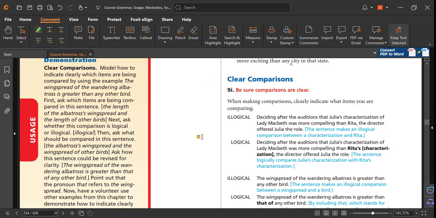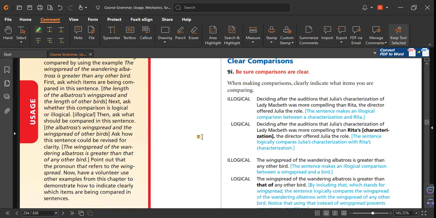Another trap is called clear comparisons. Is the comparison clear or not? Do you remember the chapter on parallelism? Do we compare between two things logically, or is the comparison not logical? Let's read: "Deciding after the auditions that Jolly's characterization of Lady Macbeth was more compelling than Rita."